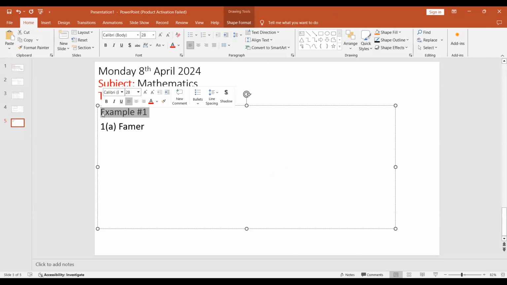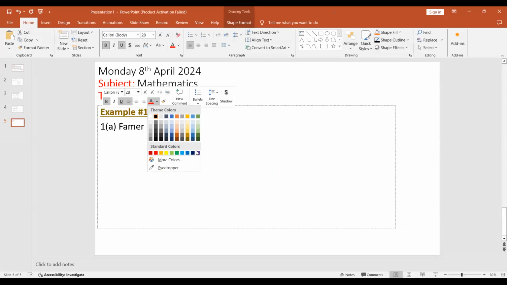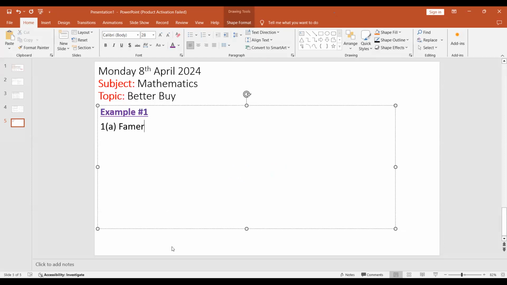We're going to be looking at our first example right now, and it's about two farmers. We're going to call the first one Farmer Smith. Let's say that he sells oranges at 50 cents each.